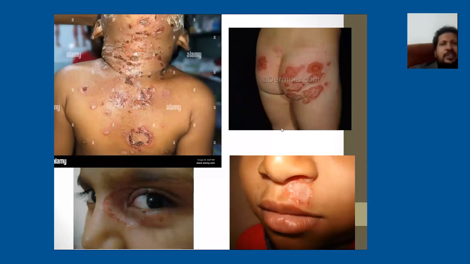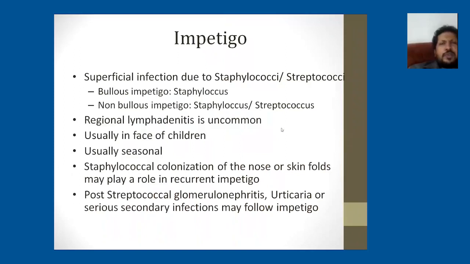When it's a more localized response, we get this bullous impetigo. So staphylococcal scalded skin syndrome is due to the exfoliative toxin, just like bullous impetigo. So commonly due to staph, but rarely streptococci also can cause it. So it's very important to treat this early, and of course, especially in atopics, because secondary infections can aggravate the eczema as well.